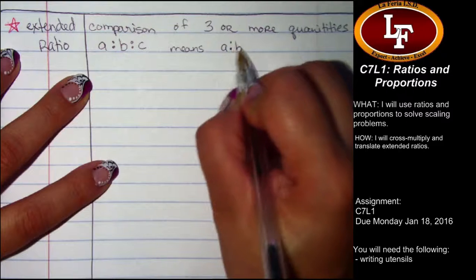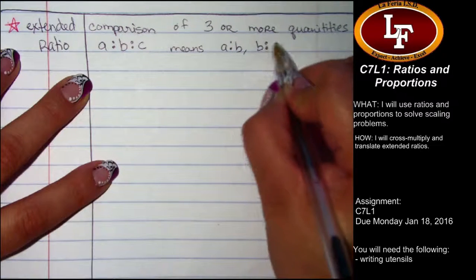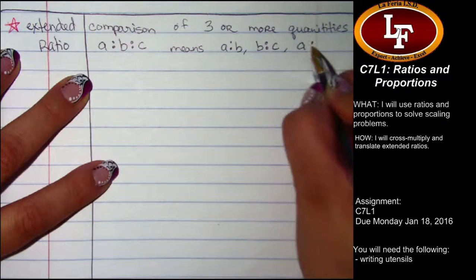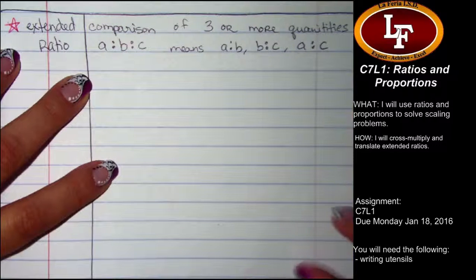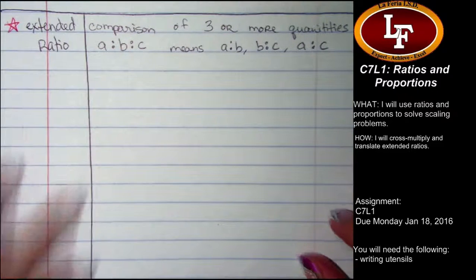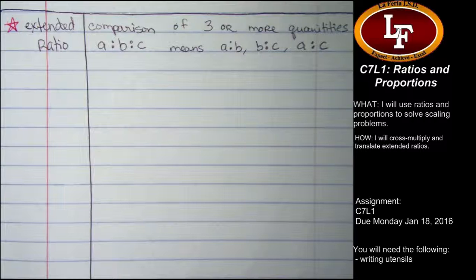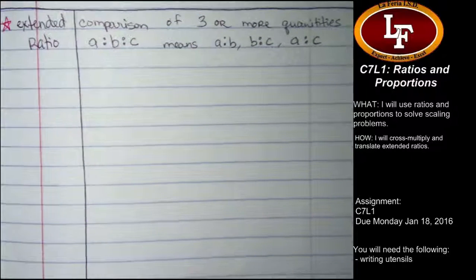You end up with A to B, B to C, and A to C. This does not mean that all of those ratios are equal. This just means that this is the relationship you can put them in.